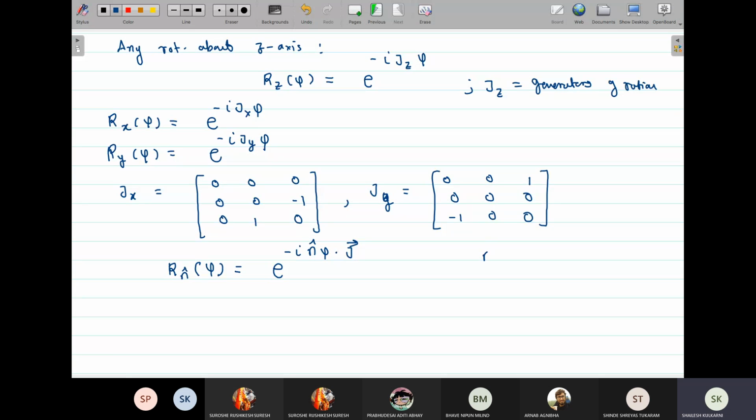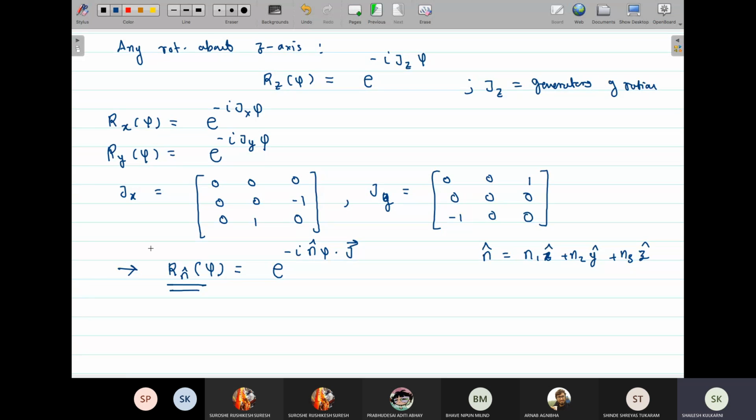And n is any unit vector in 3D, which has components n1 x cap plus n2 y cap plus n3 z cap. Clear? So any arbitrary rotation can be written in terms of these generators, and three generators are necessary and sufficient to specify a general rotation.